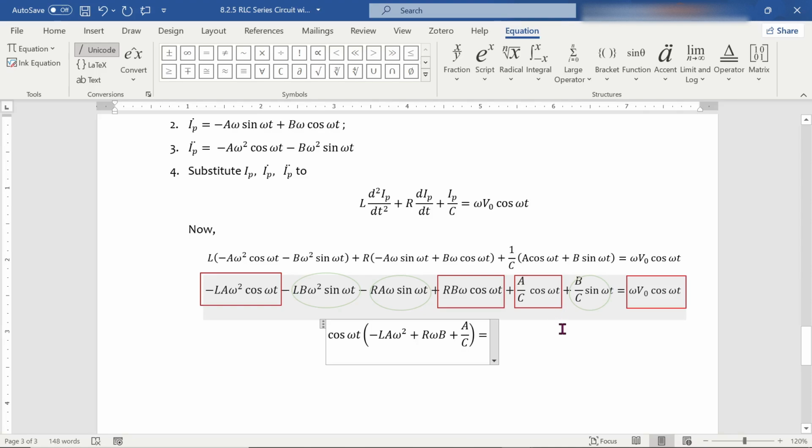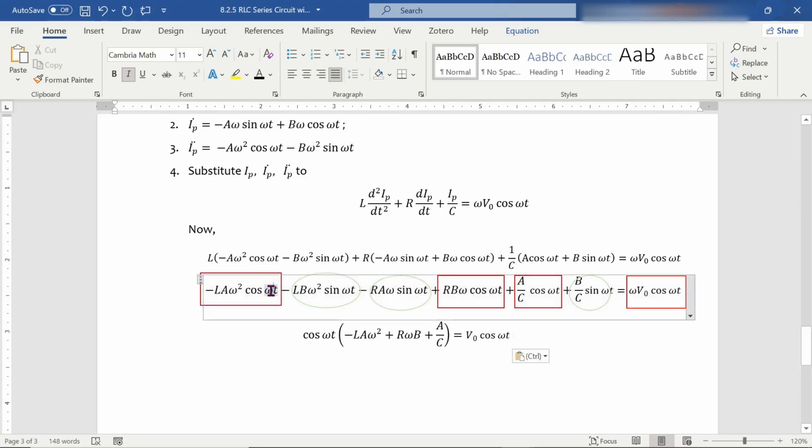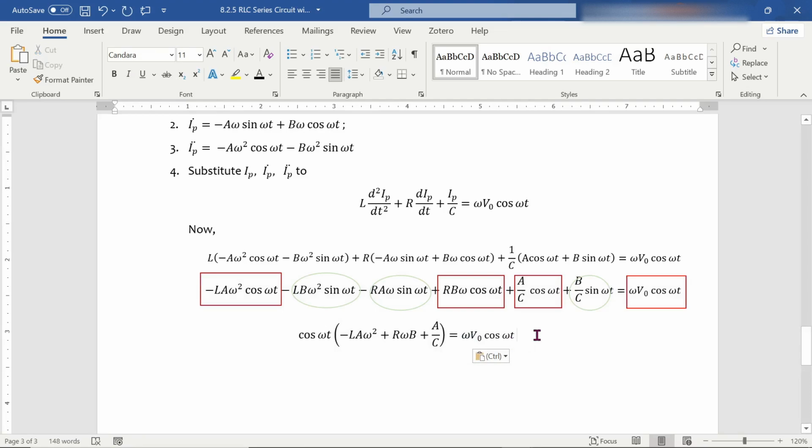So this is equal to omega V naught cosine of omega t.